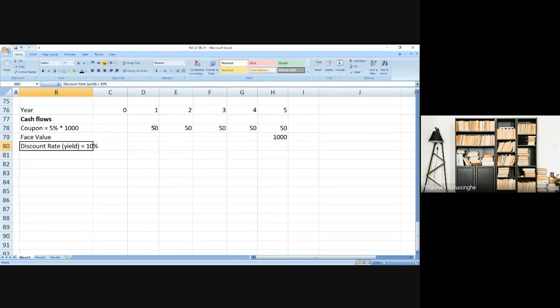What would you feel like doing when you see several cash flows, and a yield, right? Cash flows which you receive over a period of time along with the yield.